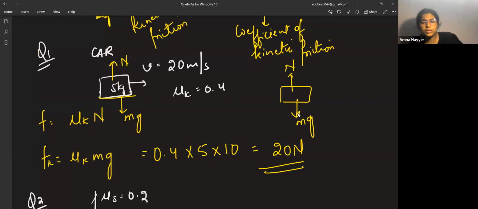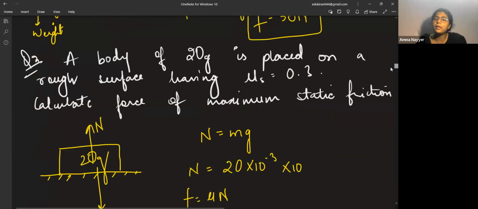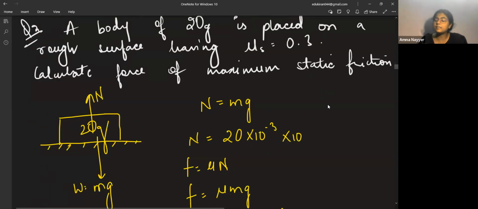So if all those forces are also acting and they are equal to normal reaction, you have to mention it properly. Since in these questions, all these are equal to normal reaction, that's why we are using this. And this is the very basic type of question. All of you should be able to solve at least this much part by now. F is equal to mu mg, F is equal to mu n. These types of questions. Some more questions let us see, but before that, note down all these.